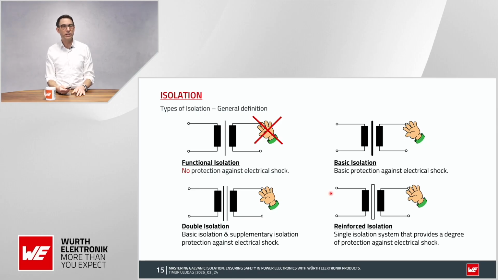And a reinforced isolation means you have got a single big block of isolation you cannot destroy, which covers the whole material and is therefore a very robust solution for isolation.